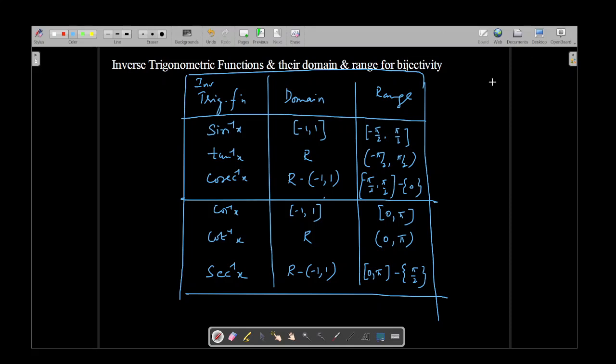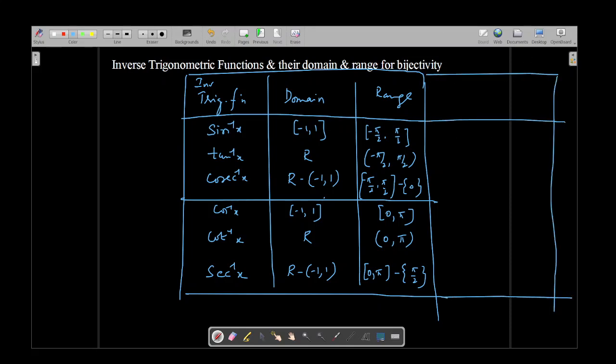And we can include one more column here: the solution or quadrant, where the solution exists. So we have minus pi by 2 to pi by 2.